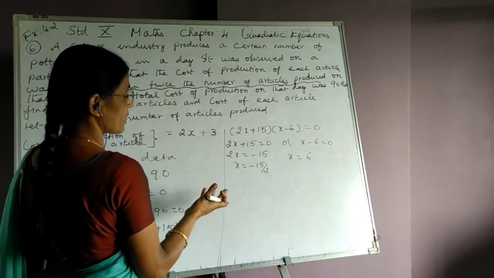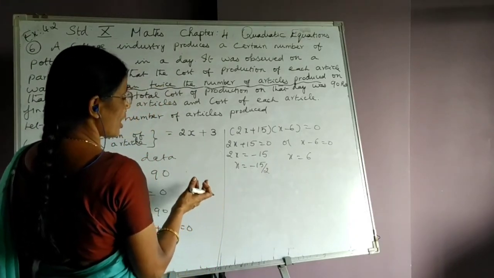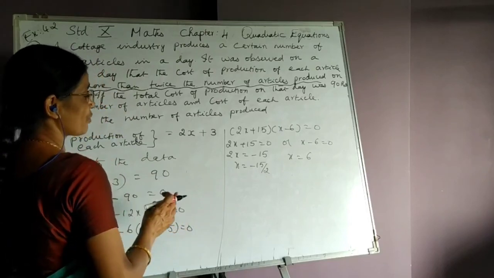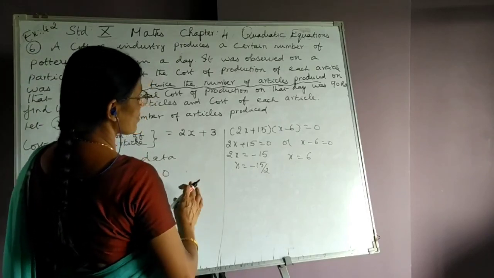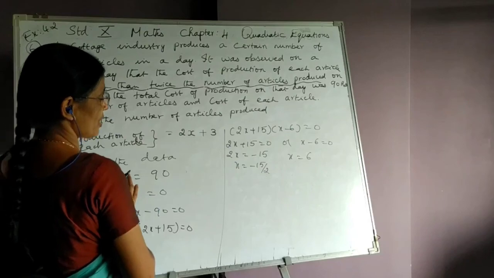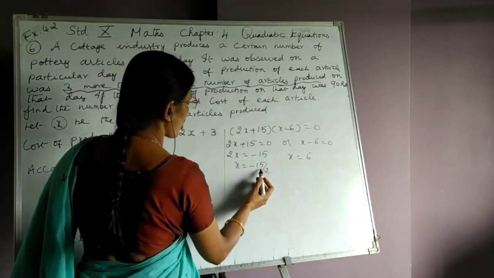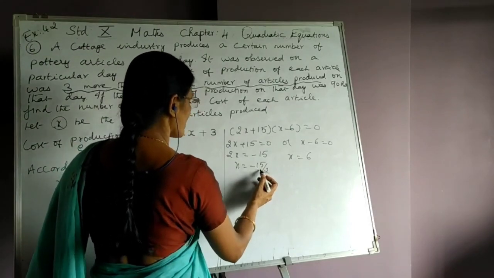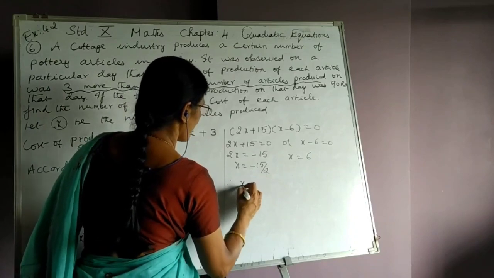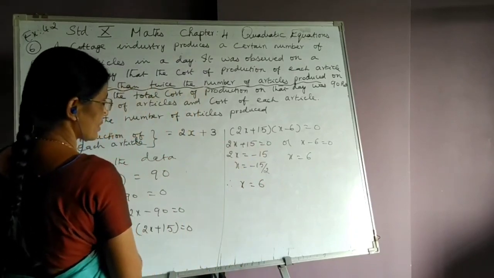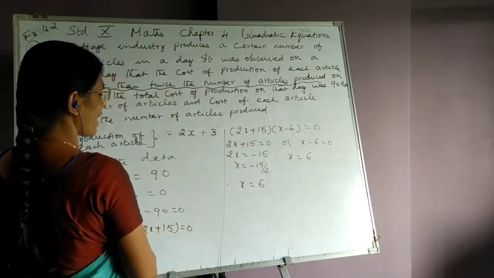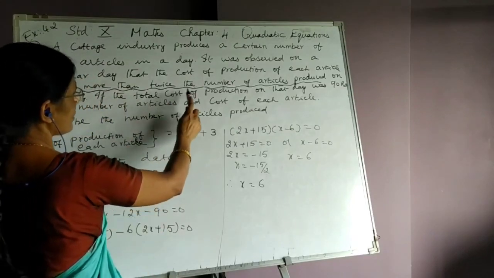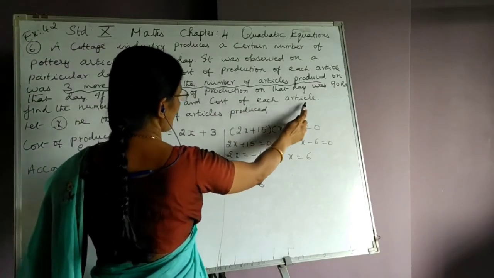It can be no article, x equal to 0, or it can be 10, 12, 15, but we never say minus 15 or minus 10 articles are produced. Therefore, this is not admissible, it is not acceptable. Therefore, we take x equal to 6.